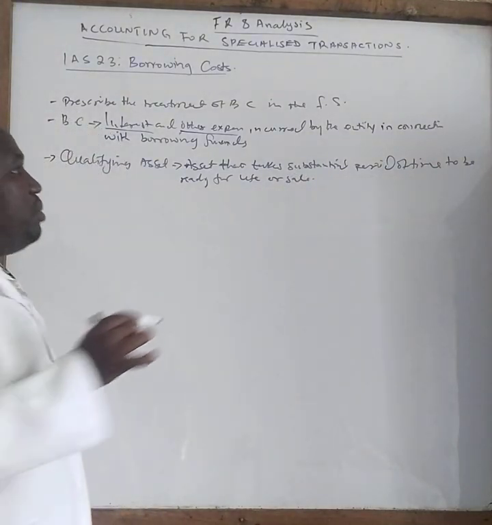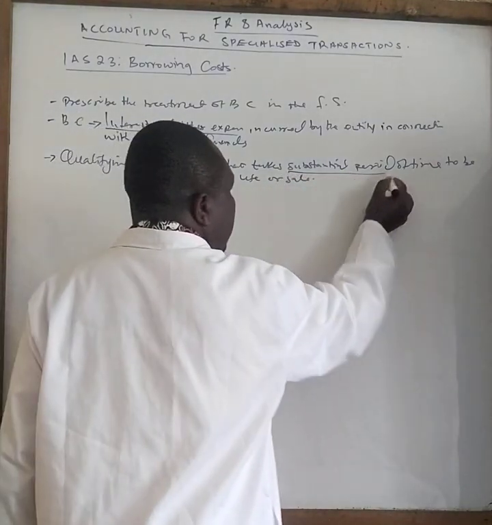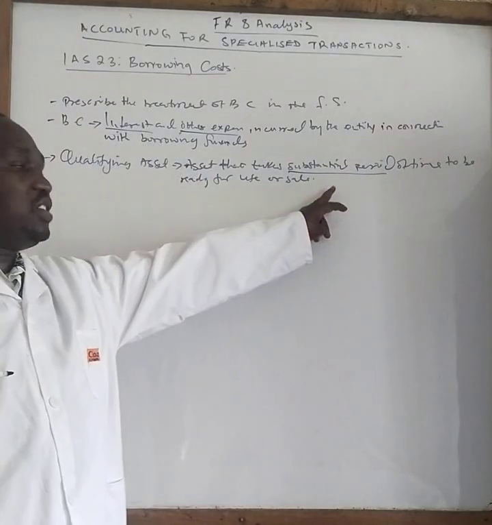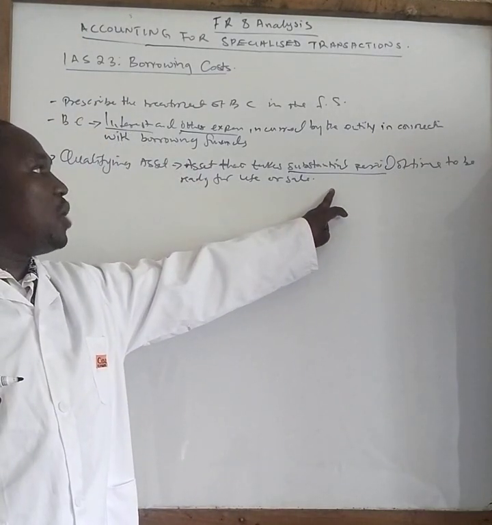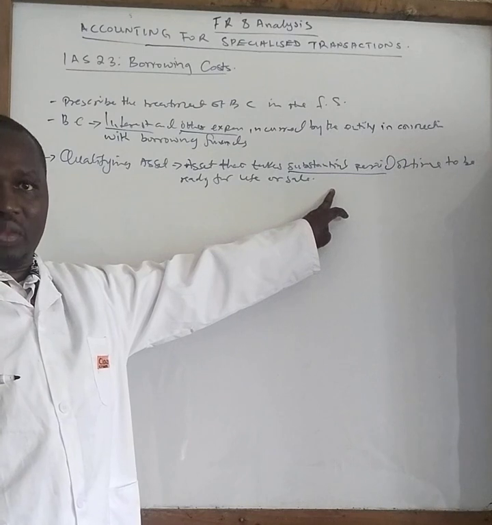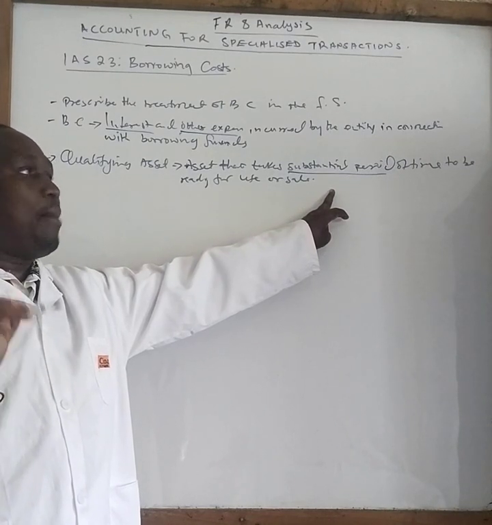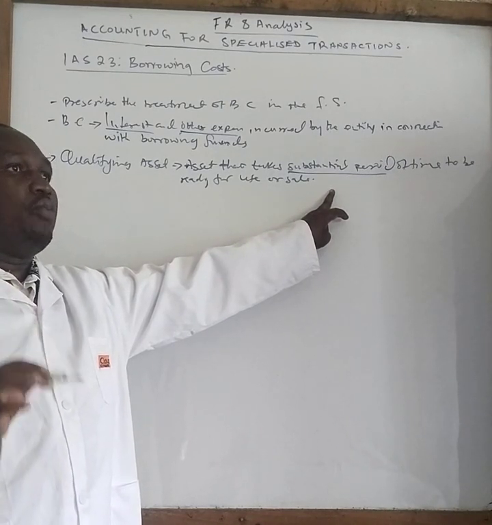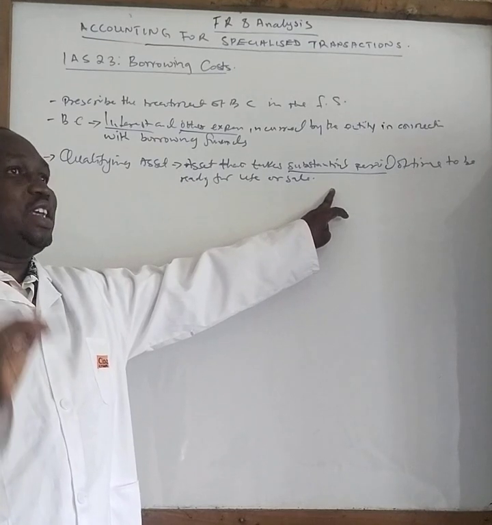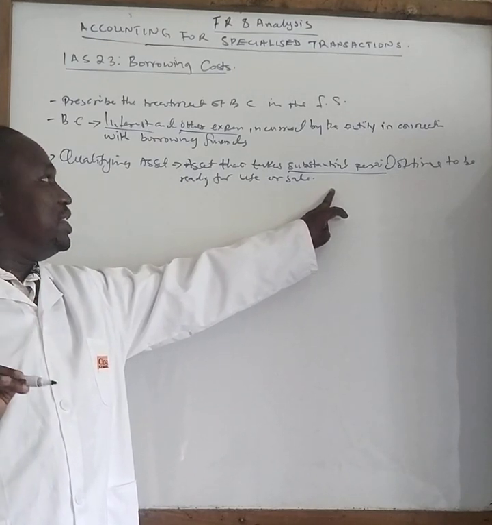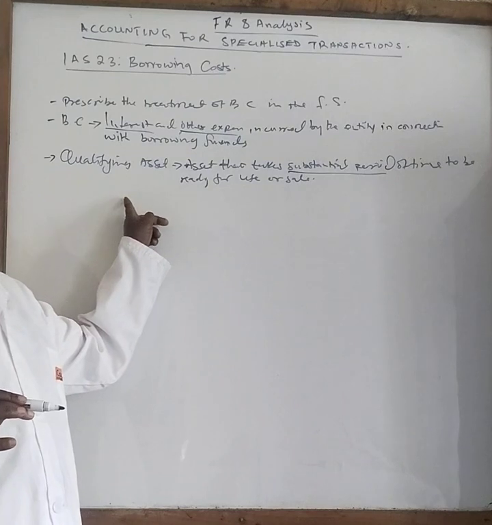So we want to understand the meaning of that substantial period here. When you talk about substantial period here, we are talking about a period more than 1 year. So any asset that takes a period of more than 1 year for it to be ready for intended purpose or for sale is classified as a qualifying asset.